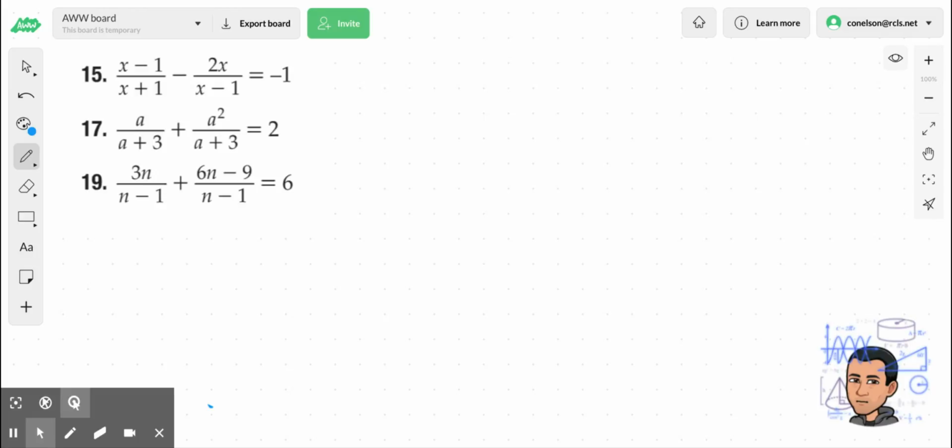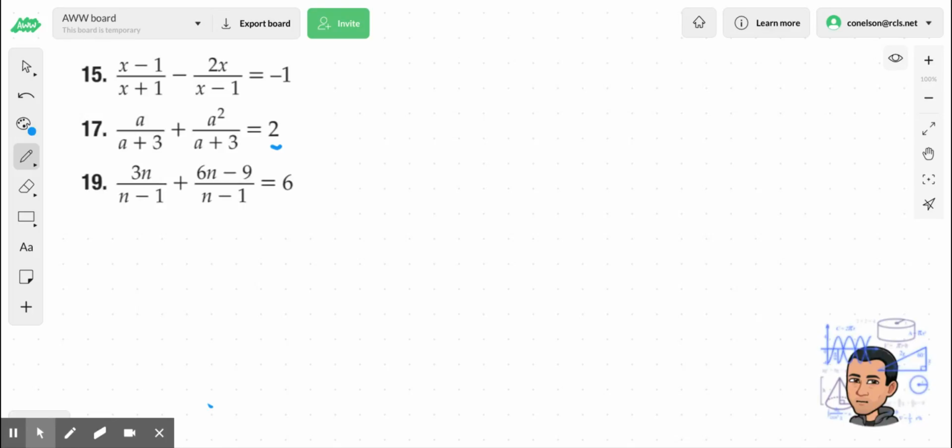Okay, so for 15, it's the same kind of thing that they did. They went through this and said, let's make sure everything on both sides has the same denominator. So in number 15, which is the hardest one, I might actually do 17 and 19 first, because on 17 and 19, the only thing you're missing is that this side on the right side needs an a plus 3.